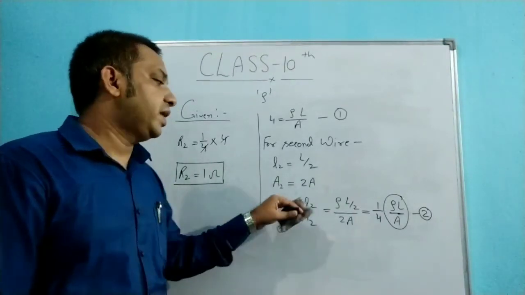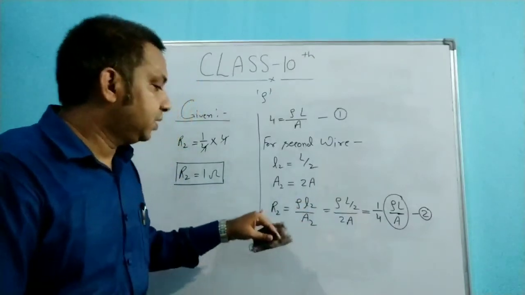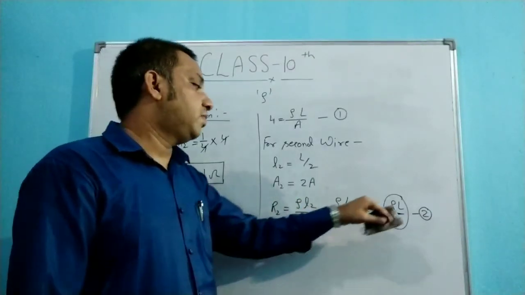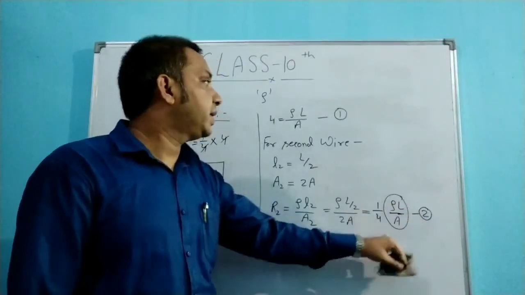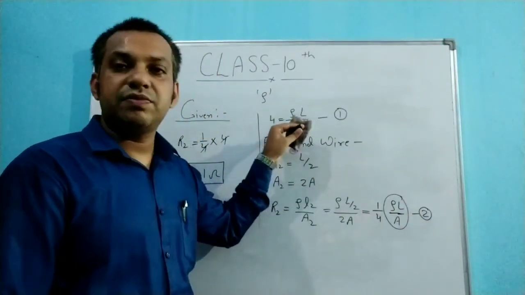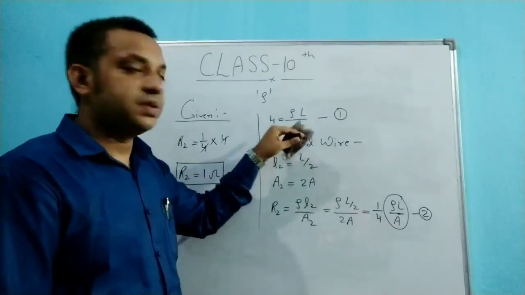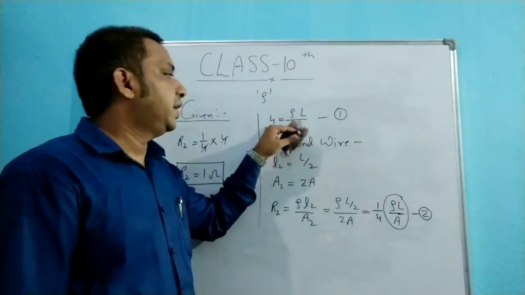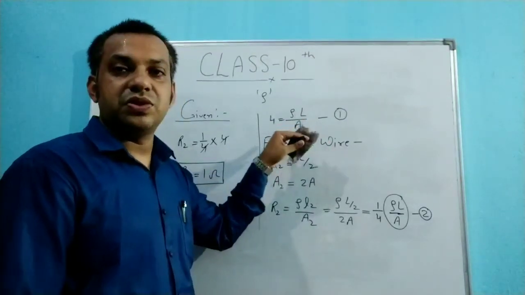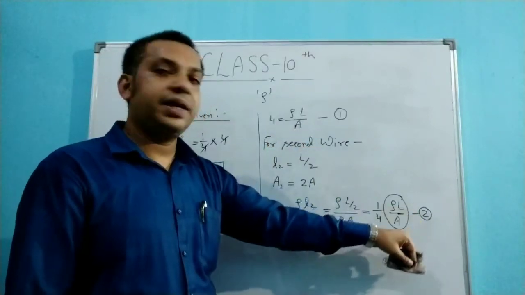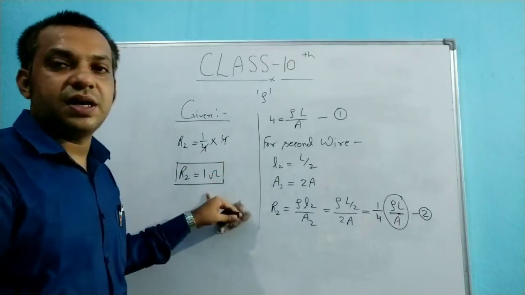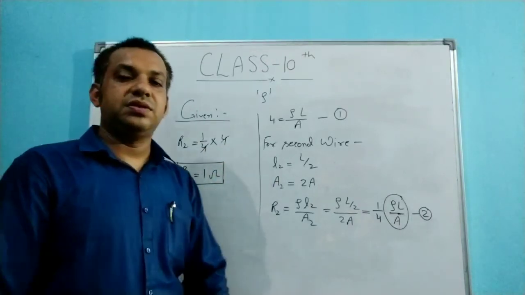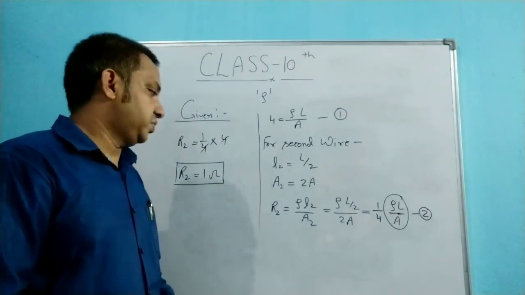So when we put the values in the equation, the new resistance becomes 1 by 4 into rho L by A. And this rho L by A, from equation number 1, from the first wire, is equal to 4 ohm. It is given in the question. So in place of rho L by A, we can put the value 4. After simplification, you will get R2 is equal to 1 ohm. So this is your answer for the second question.